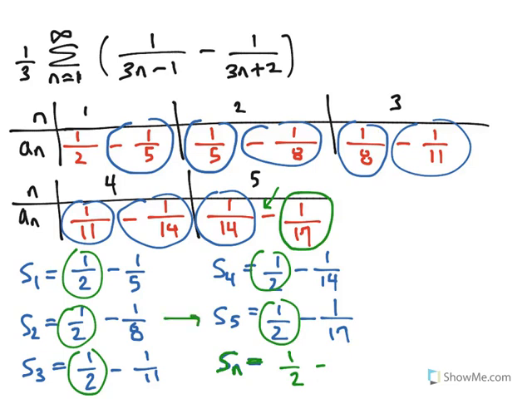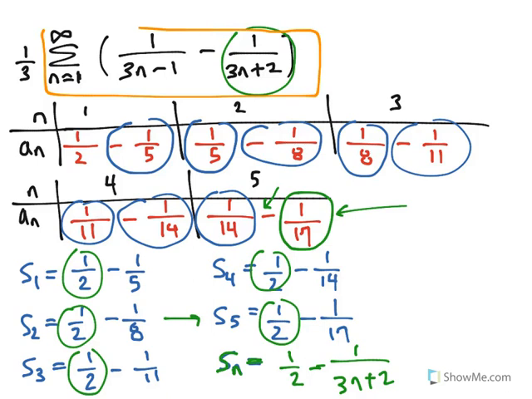For example, in the fifth partial sum, we subtracted the second fraction of the fifth term. So in the nth partial sum, from 1/2, we will subtract the second fraction of the nth term, which is, of course, 1/(3n+2). So we have 1/2 minus 1/(3n+2). That's our formula for the nth partial sum.